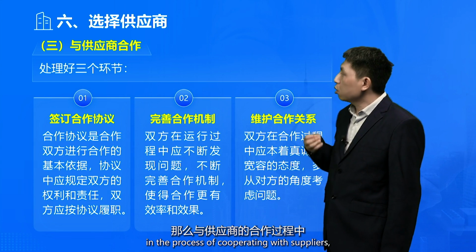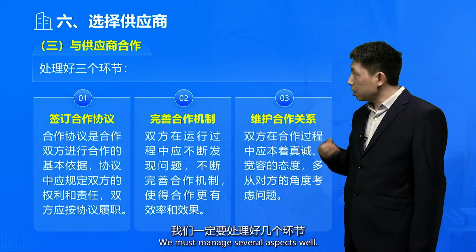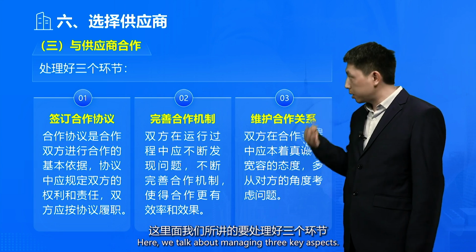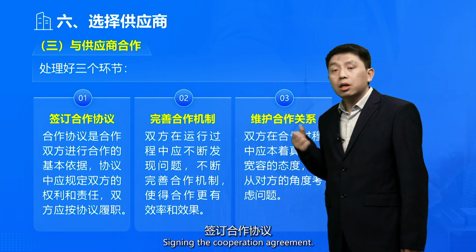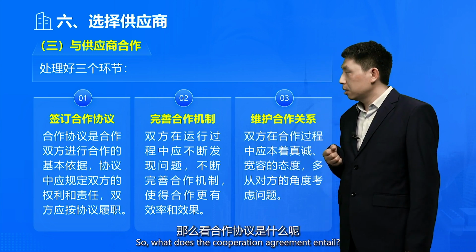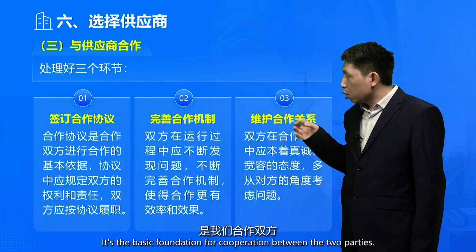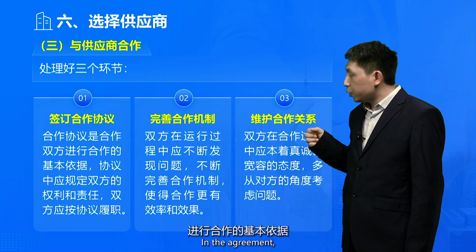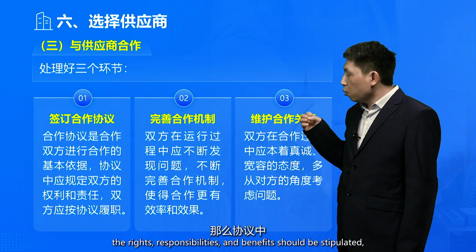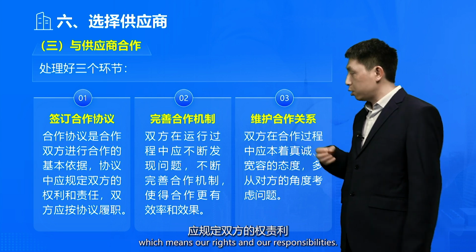In the process of cooperating with suppliers, we must manage several aspects well. Here, we talk about managing three key aspects. What's the first aspect? Signing the cooperation agreement. So, what does the cooperation agreement entail? It's the basic foundation for cooperation between the two parties. In the agreement, the rights, responsibilities, and benefits should be stipulated, which means our rights and our responsibilities.